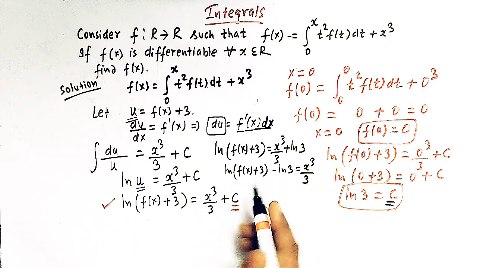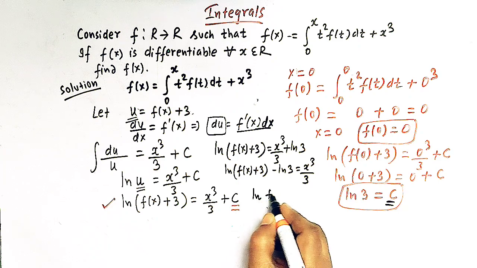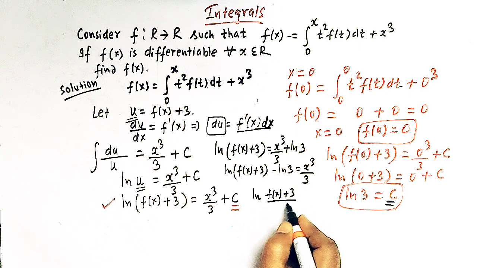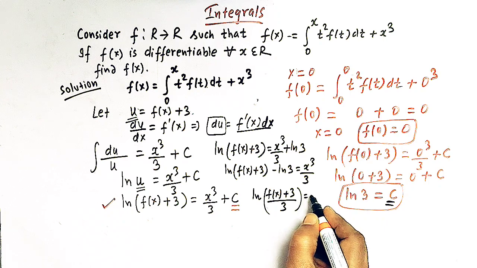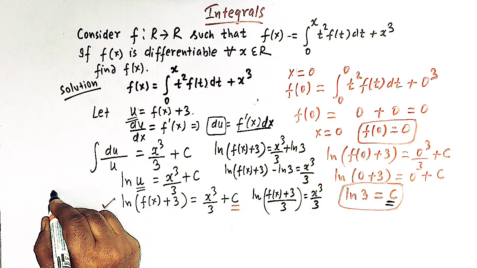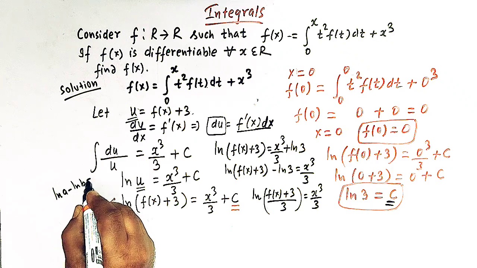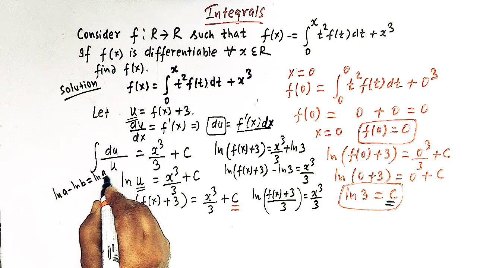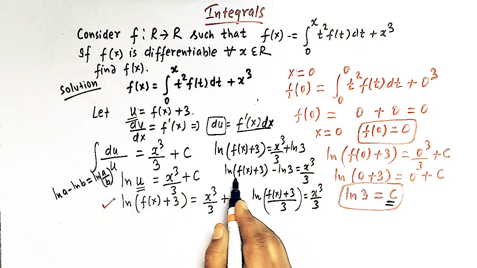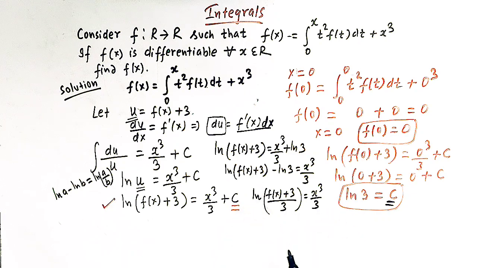Now applying the properties of natural log, we have natural log of f of x plus 3 divided by 3 is equal to x cube over 3. So here we have applied this rule, that is, natural log of a minus natural log of b is equal to natural log of a over b.